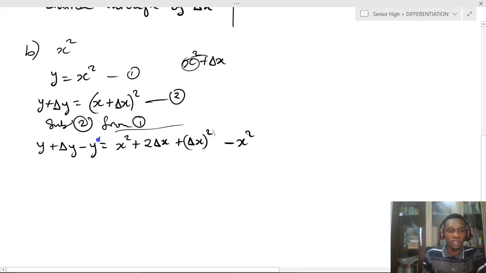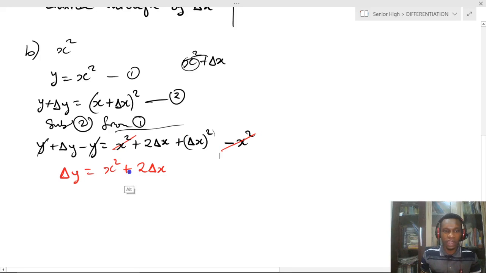Now solving, we know that y cancels out y, and then we have that change in y is equal to x squared plus 2x delta x. In fact you can see that x squared can also cancel out x squared here.